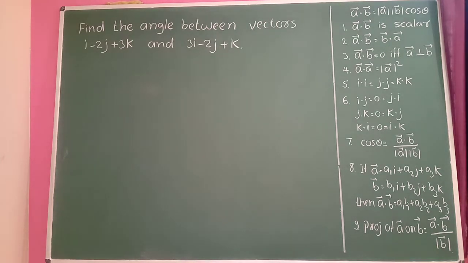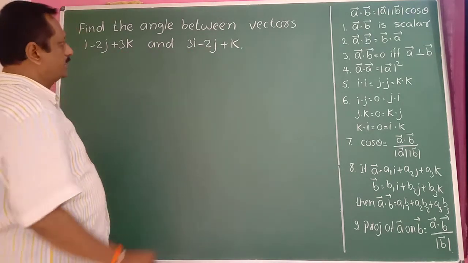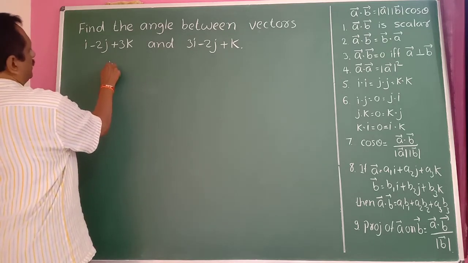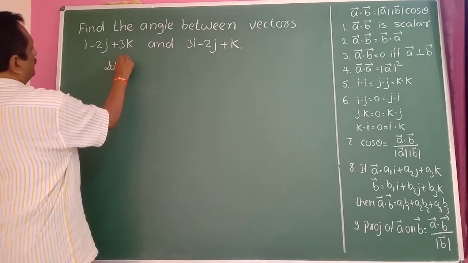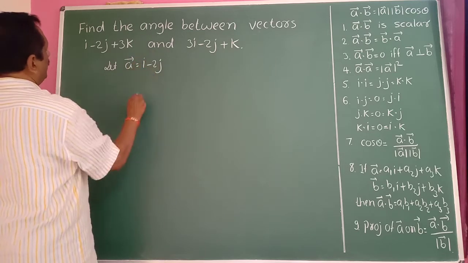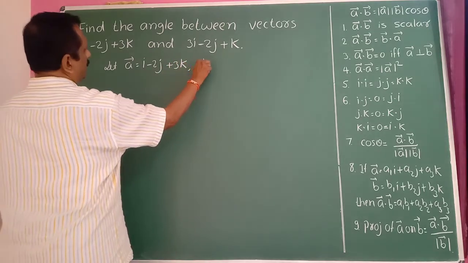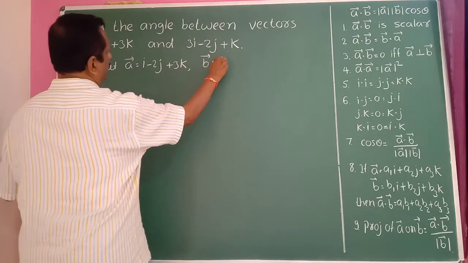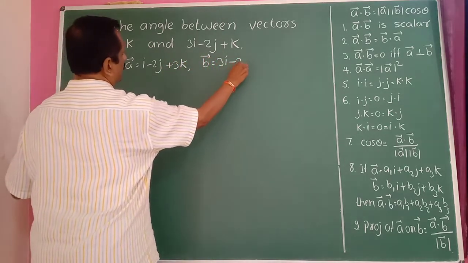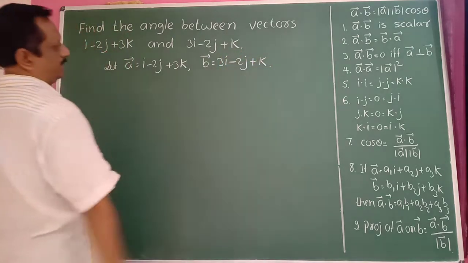Find the angle between the two vectors. Here they are given in component form. Let us consider a bar is equal to i minus 2j plus 3k and the vector b bar is 3i minus 2j plus k.